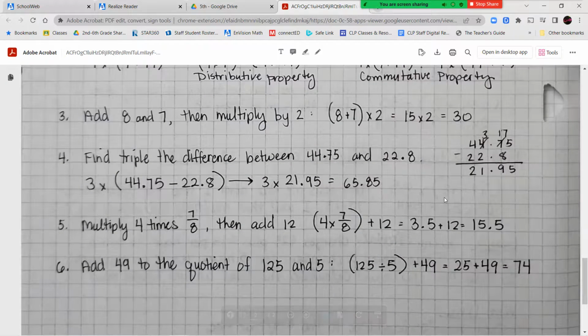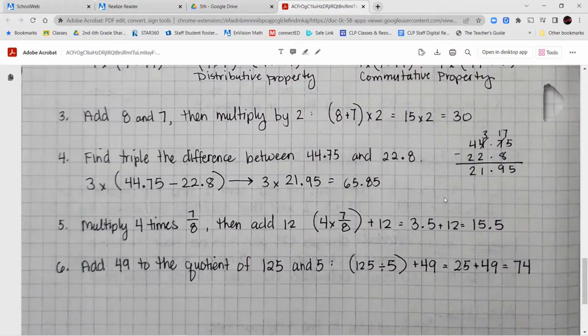For number 4, it said find triple the difference between 44 and 75 hundredths and 22 and 8/10. So I need to find triple the difference. So I need to multiply whatever I get when I subtract 22 and 8/10 from 44 and 75 hundredths. Whatever that answer is, I'm going to multiply by 3.